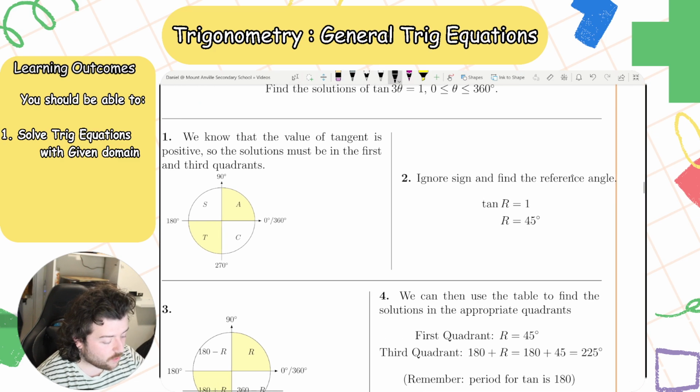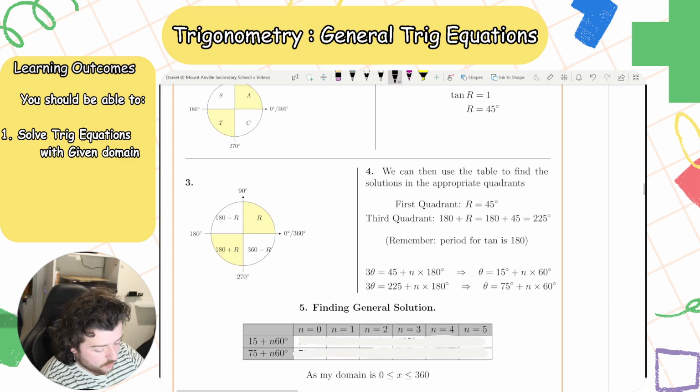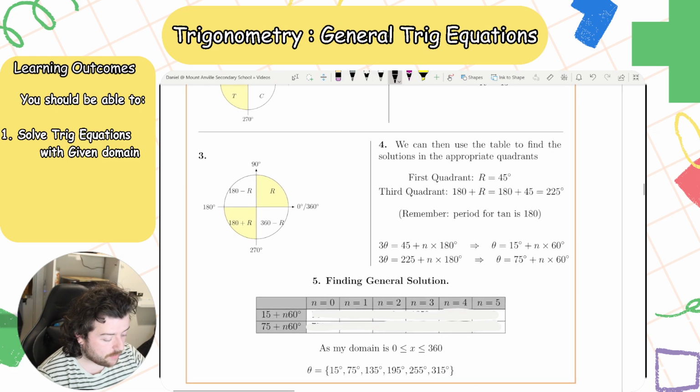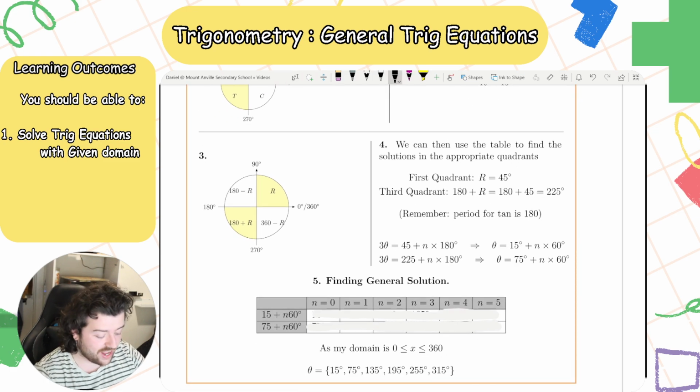We then ignore the sign to find the reference angle. So tan of alpha is equal to 1, alpha is equal to 45. So my first quadrant is going to be 45, so leave that alone. And then my third quadrant is going to be 180 plus 45, which is 225. So it's very important to remember the period for tan is 180.